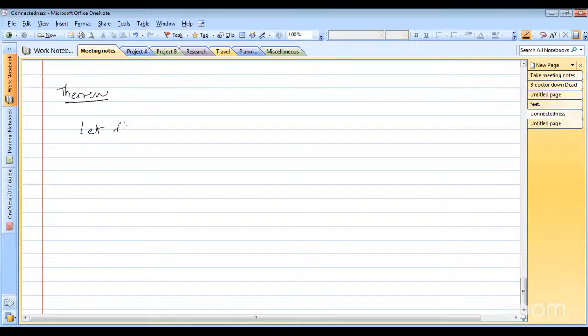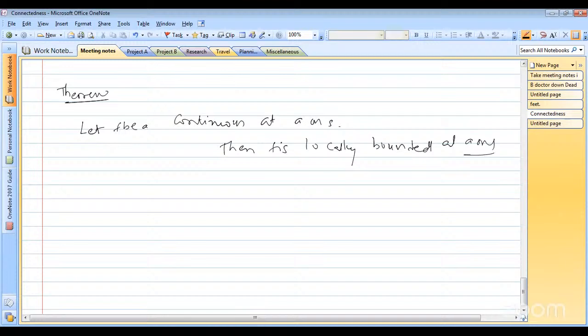Let f be continuous at A on S. Then f is locally bounded at A on S. This is one definition of f also.